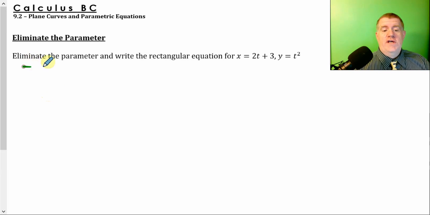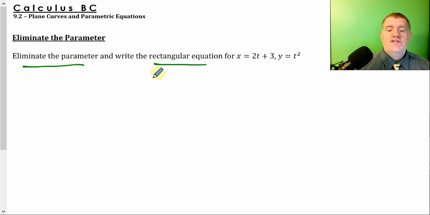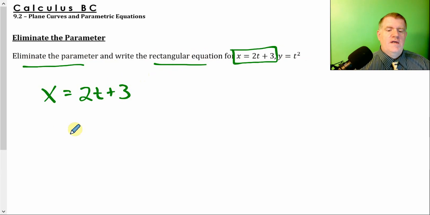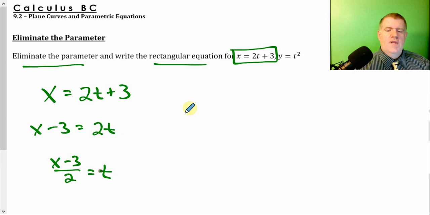So another way of doing it, to show you the shape, is to write it as a rectangular equation. Let's get rid of that parameter and write it like a regular old y equals whatever. And what we're basically going to do is solve this for t and plug it in for that. So I know that x is 2t plus 3. I'm going to subtract 3 from both sides and divide by 2. So I know that t equals this. So I am just going to have to square that.